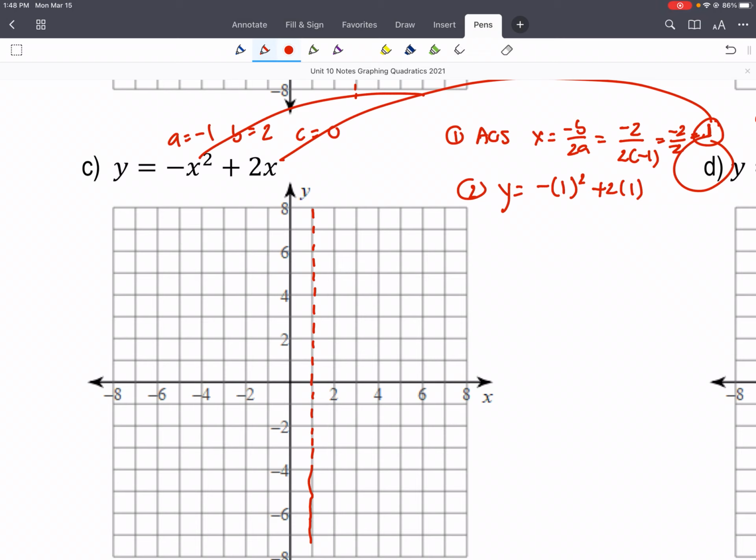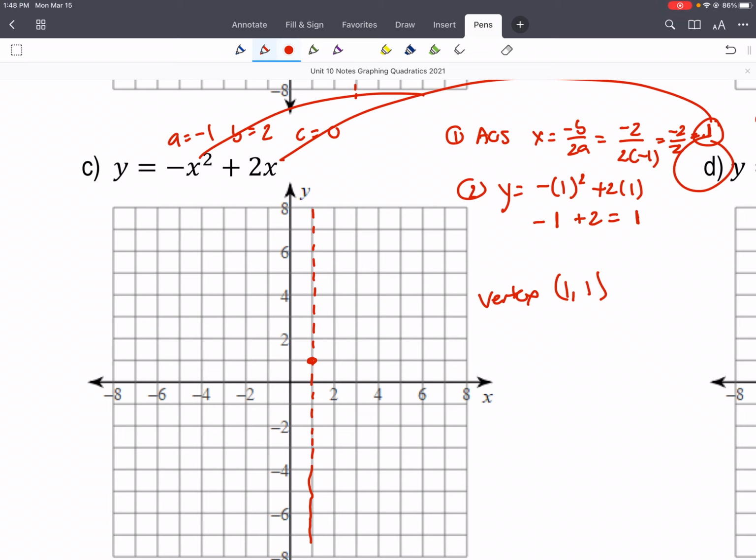I want to make sure you're good with this. This is only squaring the 1. It's not squaring the negative. So that will end up giving us a negative 1. And then we'll do plus 2, and that gives us positive 1. So our vertex is 1, 1.